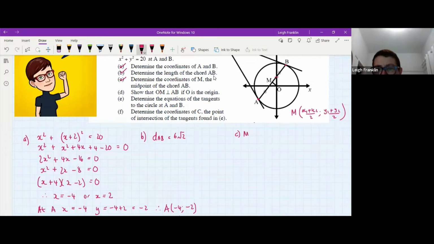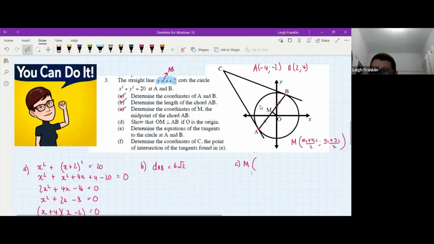Okay, so the coordinates at M, the midpoint, please, matrix. Ma'am, M is -1, 1. Good.